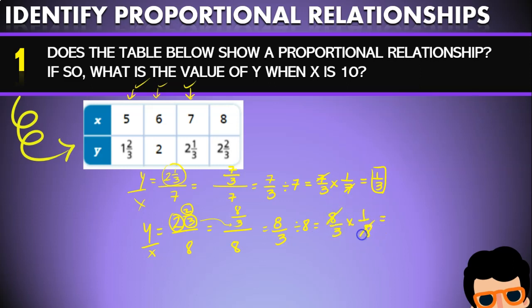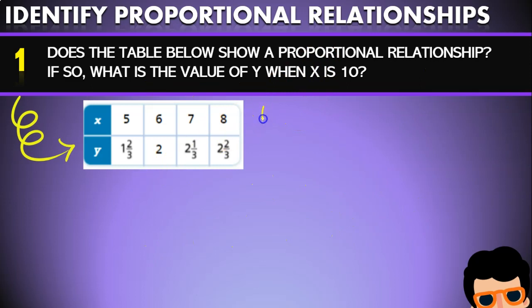So the 8 and the 8 cancel each other out, and we have 1/3. That means two things. Because all the ratios gave us an answer of k equal to 1/3, that means that we are indeed in the presence of a proportional relationship in this table, and also we have found that the value of k is equal to 1/3.